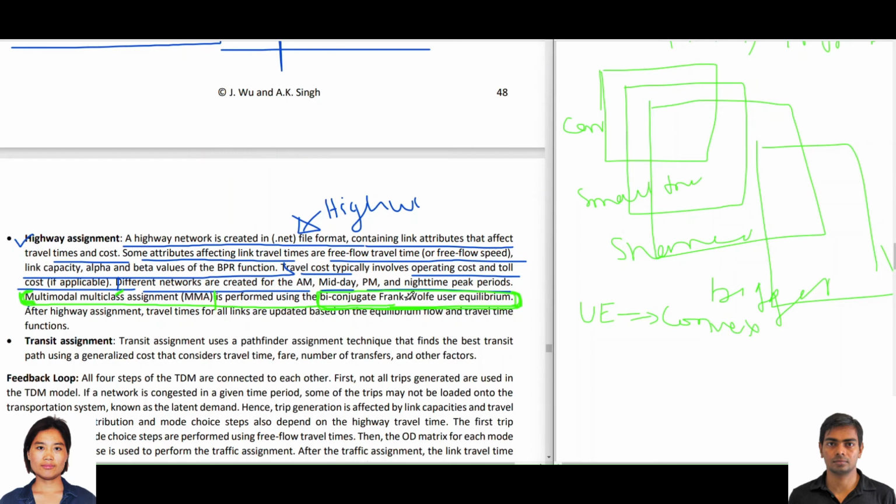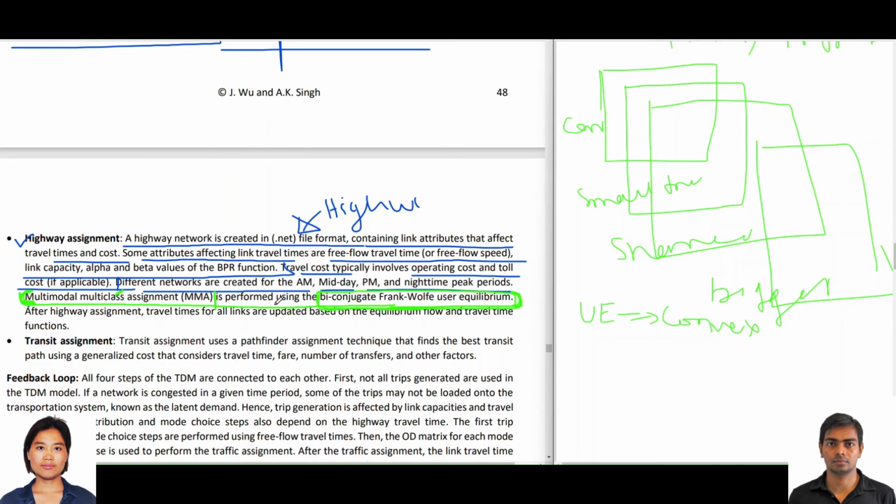The biconjugate Frank-Wolfe algorithm is an advantage over the regular Frank-Wolfe algorithm because it converges faster. So just some terms to remember.